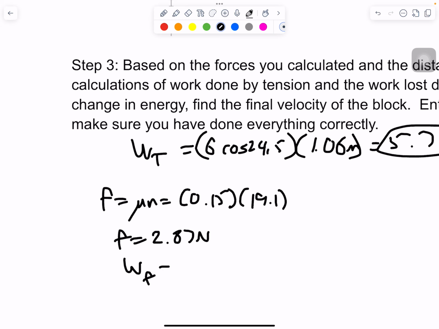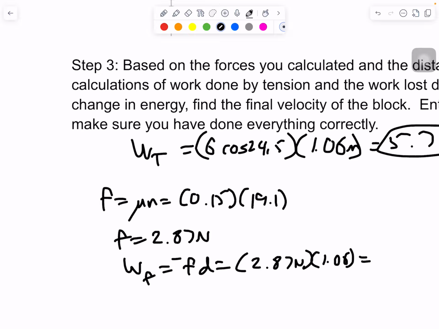Means the work done by friction is going to be the friction force times distance, right? Now, technically it's negative, but we're going to enter in the absolute value of that. So 2.87 newtons times 1.06 meters. That's 3.04 joules.